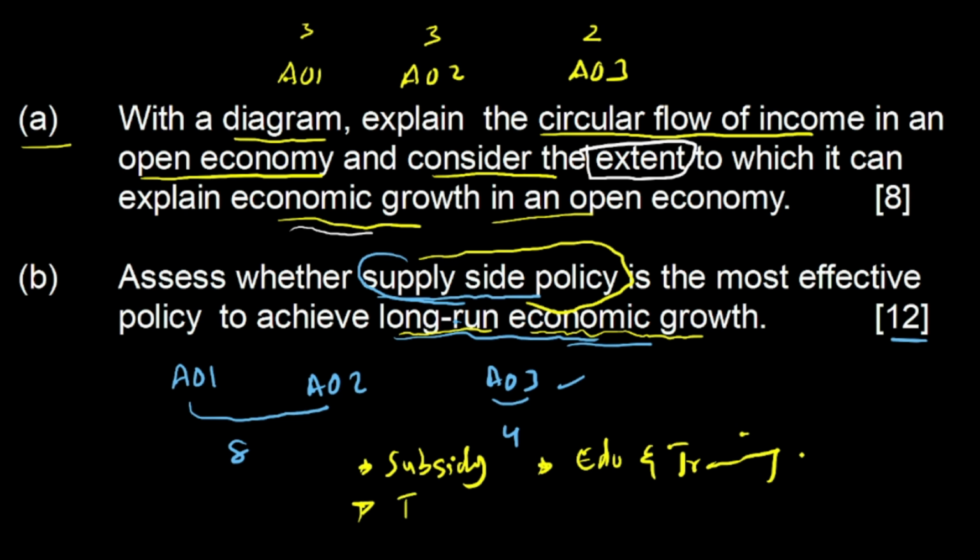Let's assume we add one more factor, capital expenditure of the government on long-term projects. So we can focus on these three main policies of supply side policy that can achieve long run economic growth.